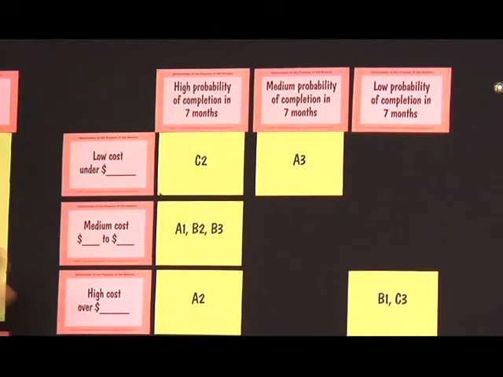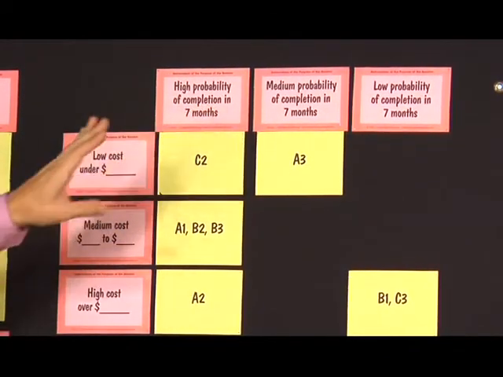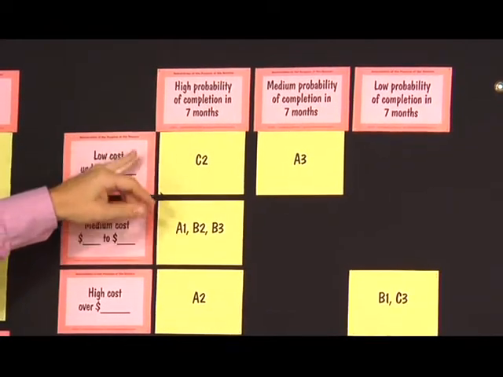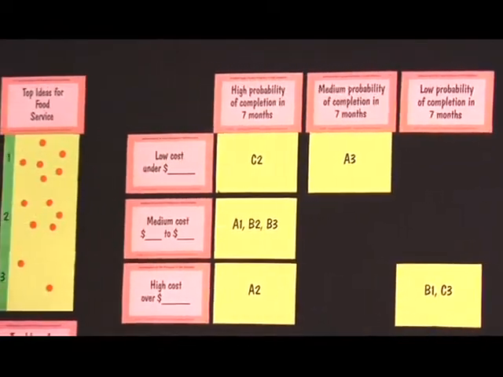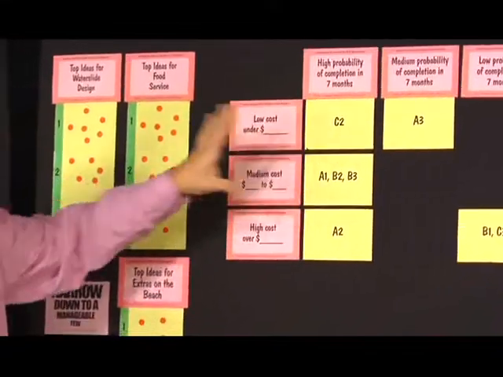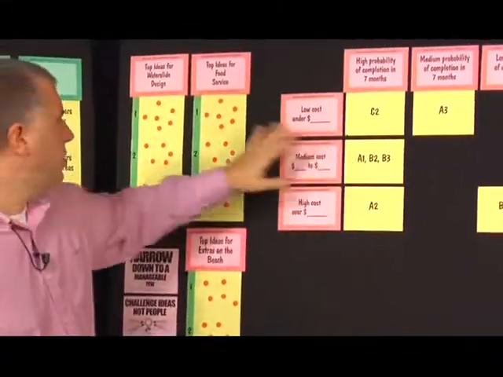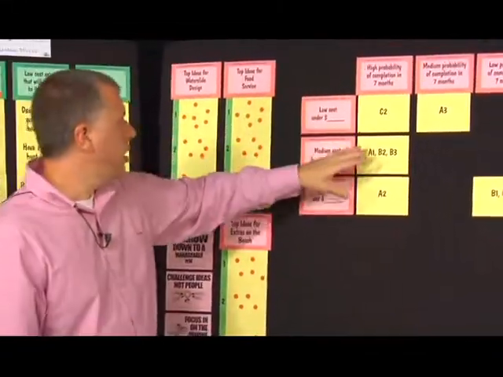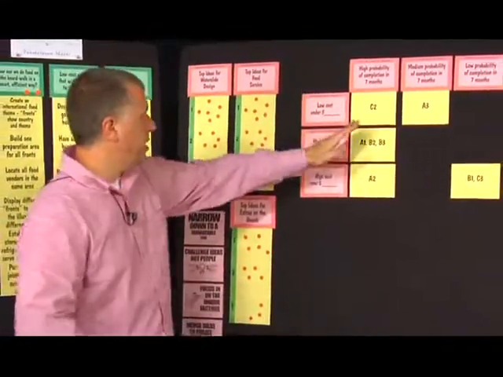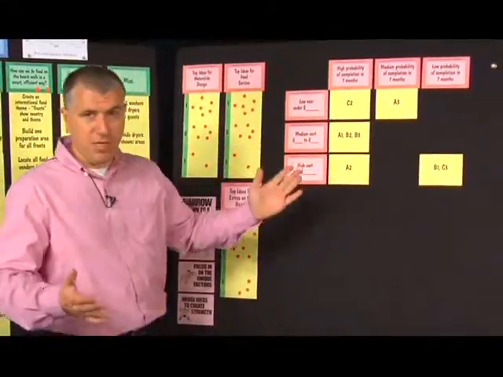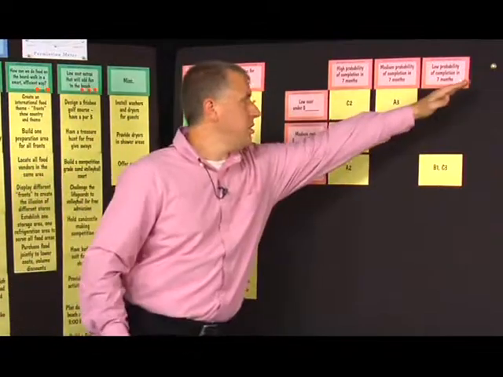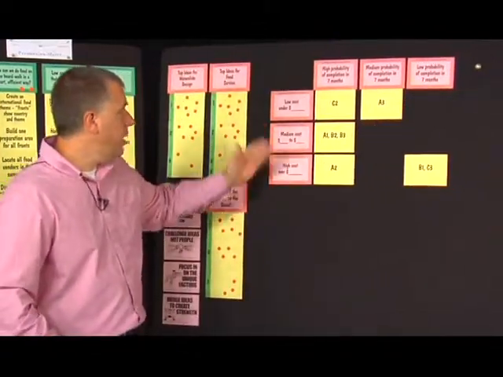And down the side they had a process driven one, cost. So if it's a high probability of completion and a low cost, and imagine this as A, B, and C, that's what the references are. So A1 would be this card right here. We looked at it, top idea. It's a high probability of completion. It's a medium cost.